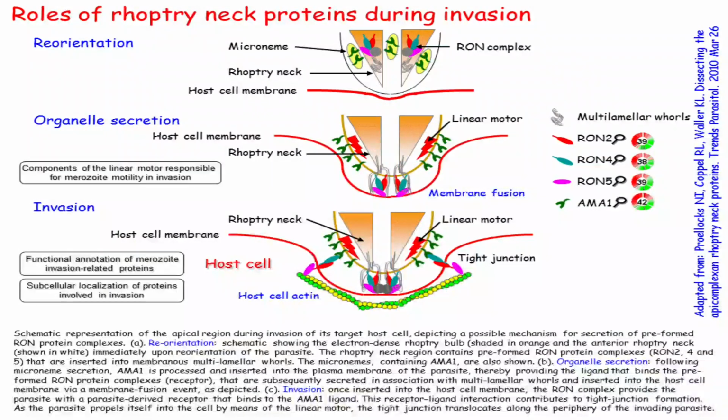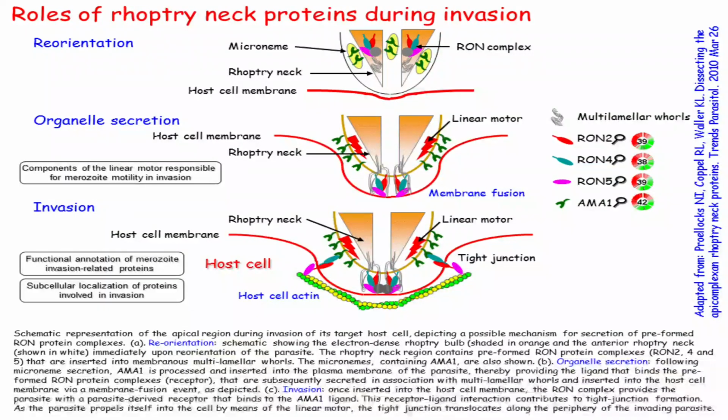Immediately upon reorientation of the parasite, the Rhoptry region contains a preformed RONI protein complex, RON 2, RON 4, and RON 5, that are inserted into a membranous multilamellar host. The micronemes containing apical membrane antigen 1 are also shown.